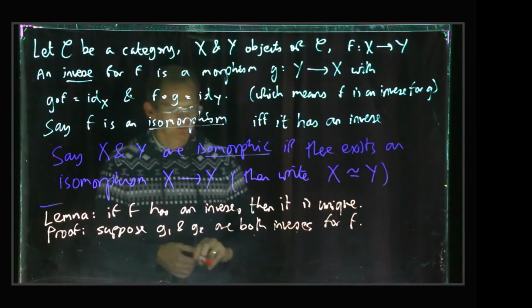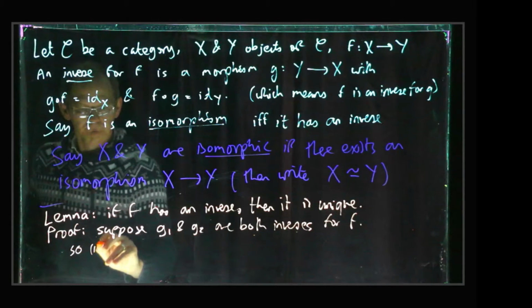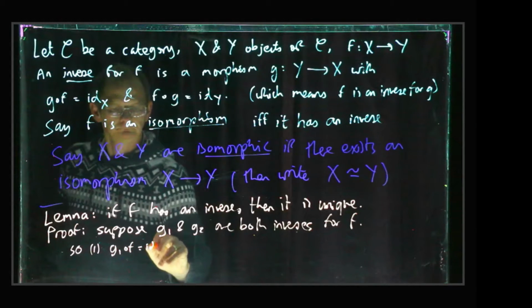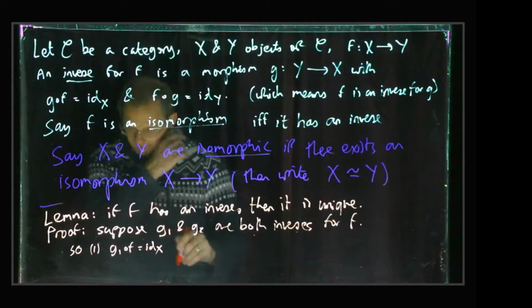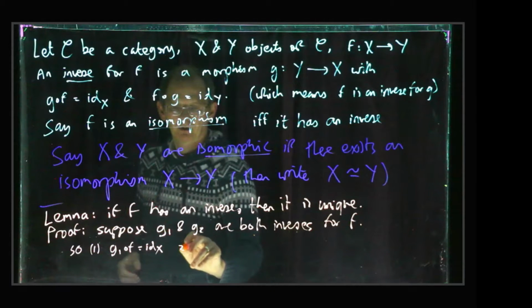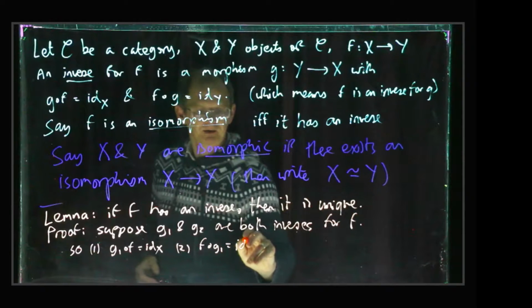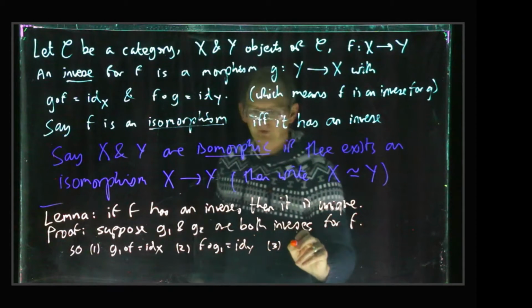Okay, so that means we've got 4 properties. That G1 composed with F is the identity on X, and F composed with G1 is the identity on Y, and the same, 3 and 4, for G2.